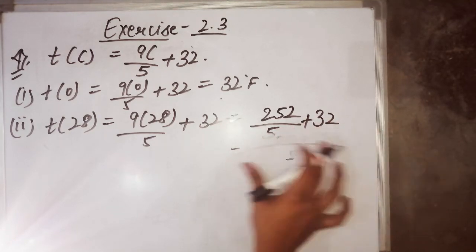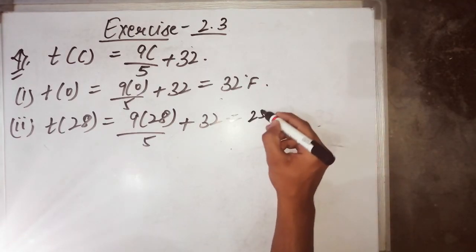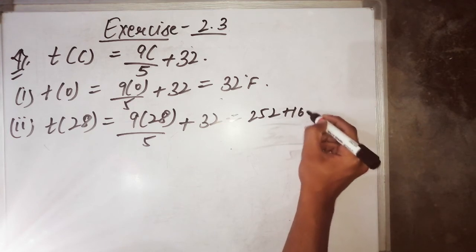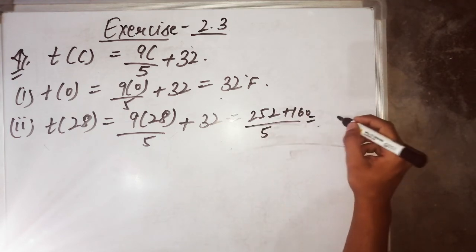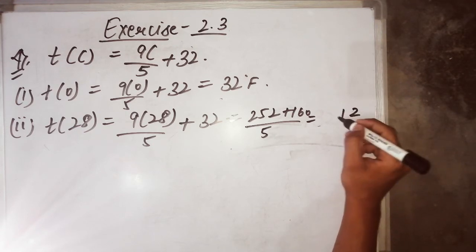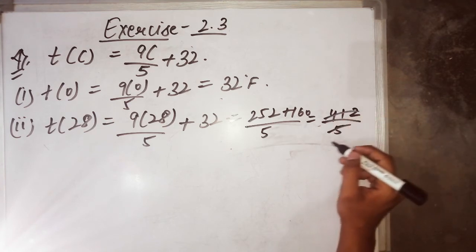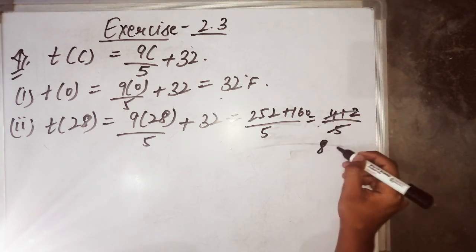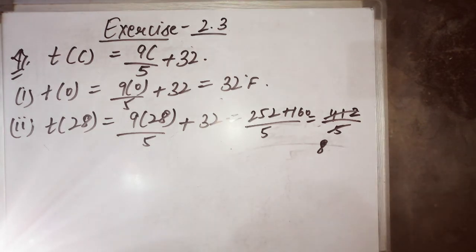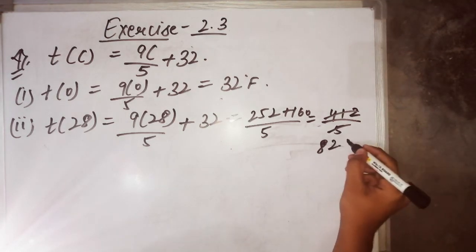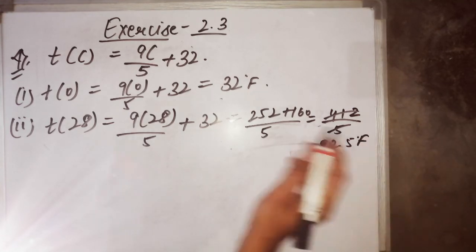I forgot 252 plus 160, let me write it. What is 252 plus 160? By 5 we have 412 by 5, which will result in 82.5, because we have divided it here. 82.5 degrees Fahrenheit.